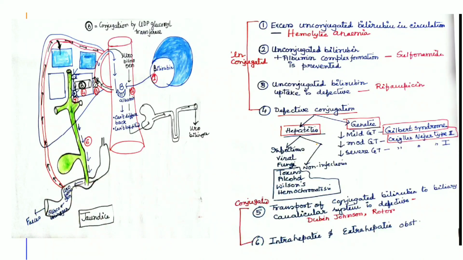The fourth point is also important, that is when the conjugation process is defective, if the UDP glucuronyl transferase enzyme is defective. So there are genetic syndromes. For example, one is Gilbert syndrome, where there will be a mild deficiency of glucuronyl transferase enzyme. So in that case, there will be unconjugated hyperbilirubinemia.